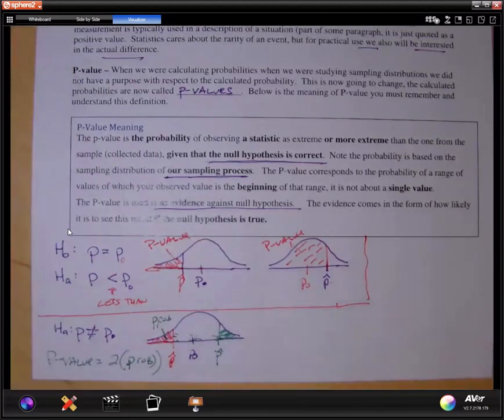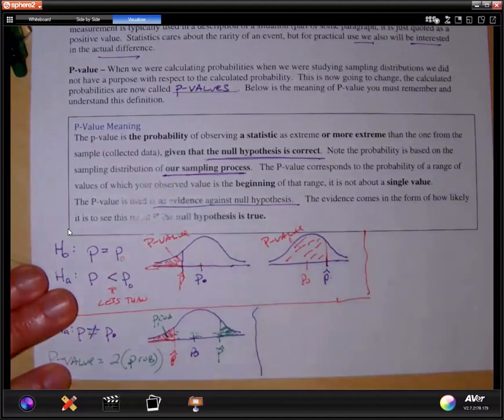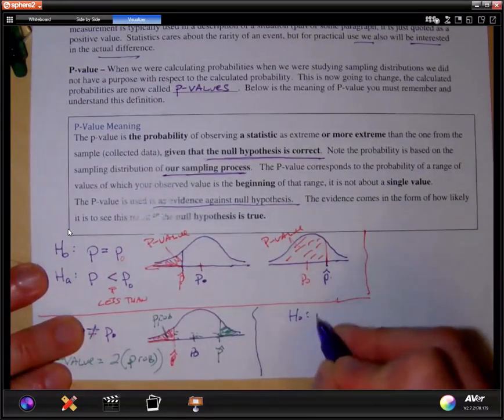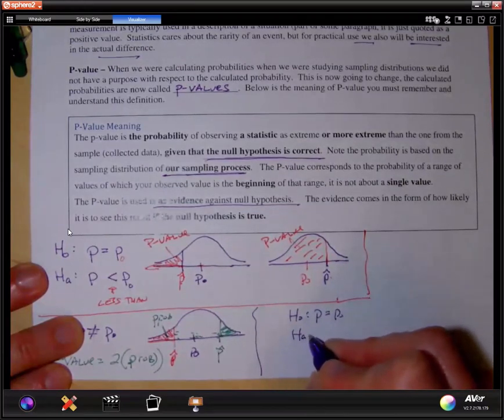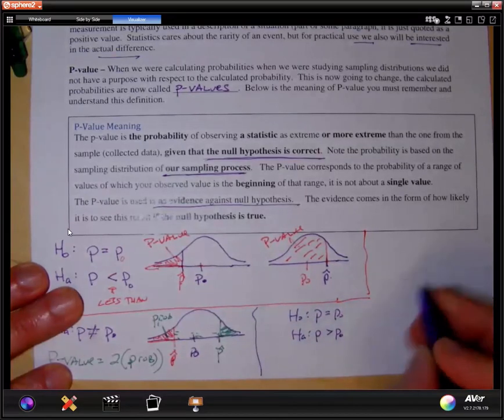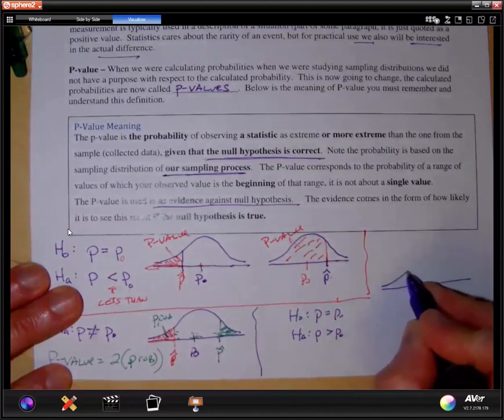And how does this help us? Or what is this saying? Well, I'm going to draw one more picture. Let me just change the direction for a moment. I'm going to draw two pictures.